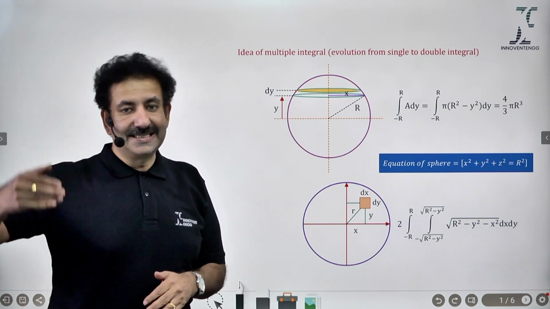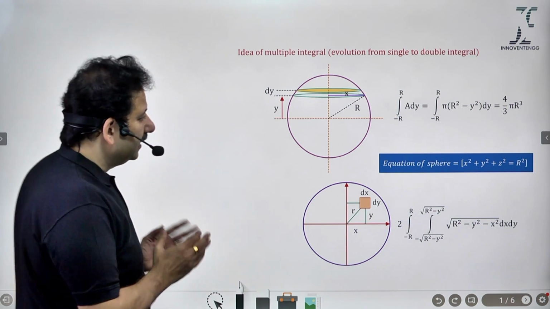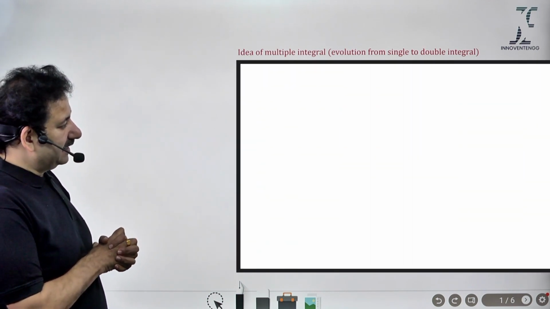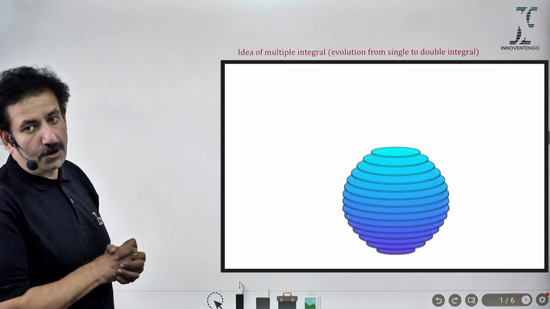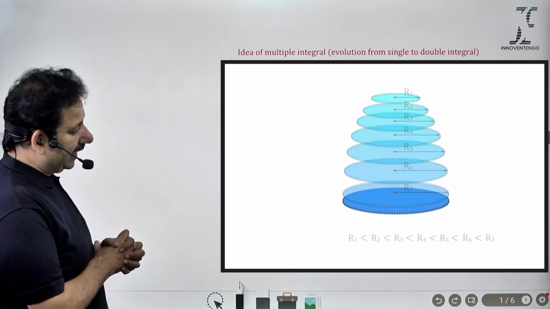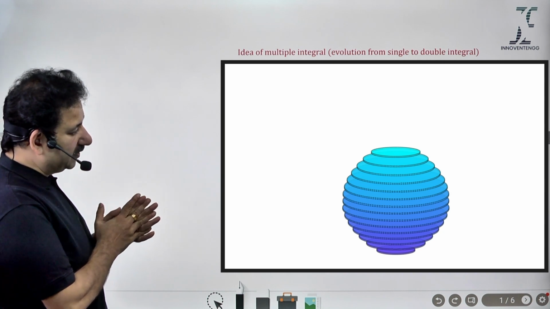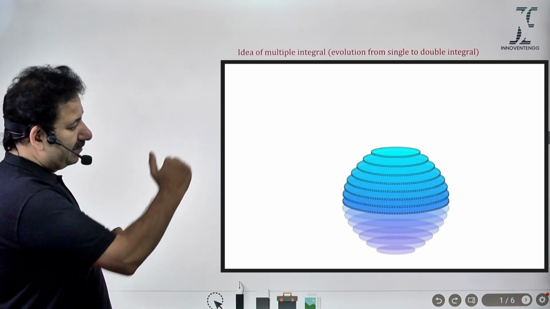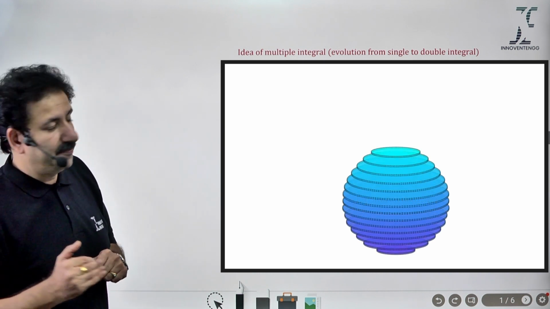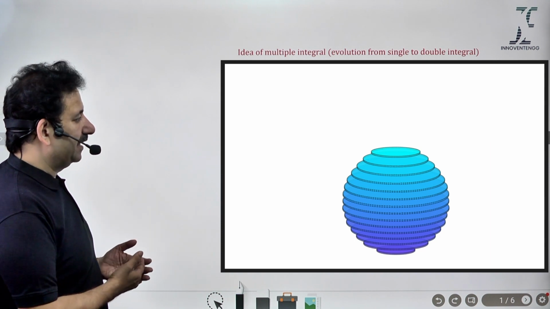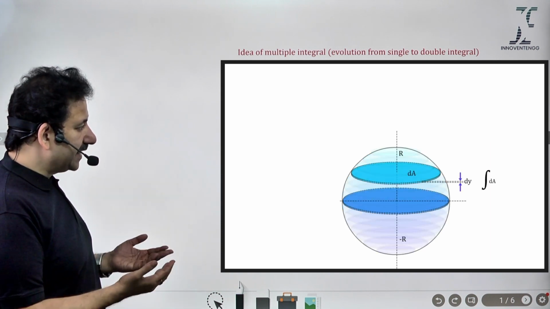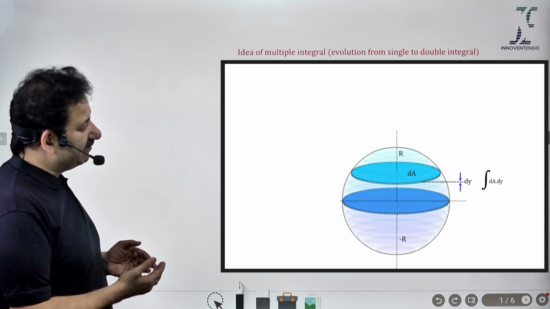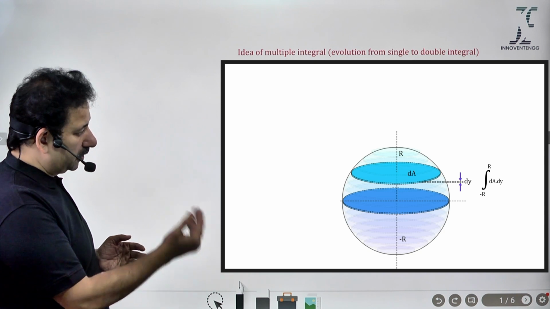We used a single integral to evaluate the area of the circle. Now, how would you actually conceive the volume of the sphere? It is nothing but a stack up of plates of varying radius, and the symmetry that you need to appreciate here is that if you look at the equatorial diameter, above and below you have the exact stack up of plates, and therefore even if you integrate the area of the plate multiplied by the thickness of the plate between minus r to plus r, you will get the volume.